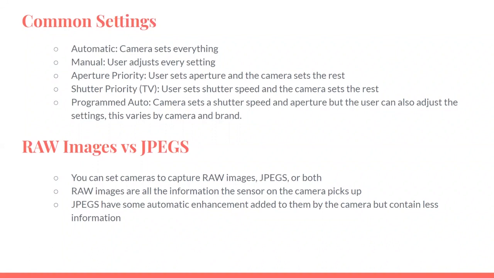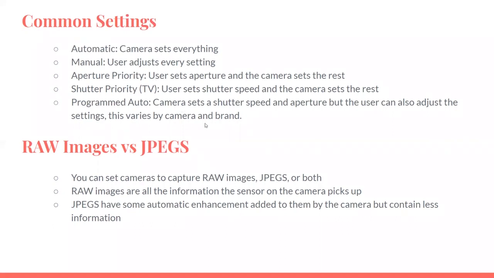The other modes are aperture priority, which is when the user of the camera sets the aperture, and then the camera chooses the correct shutter speed and other settings for the exposure. And then shutter priority is where the user sets the shutter speed, and then the camera sets the aperture and other settings.